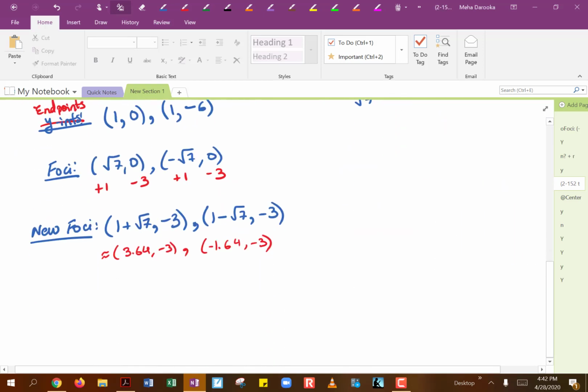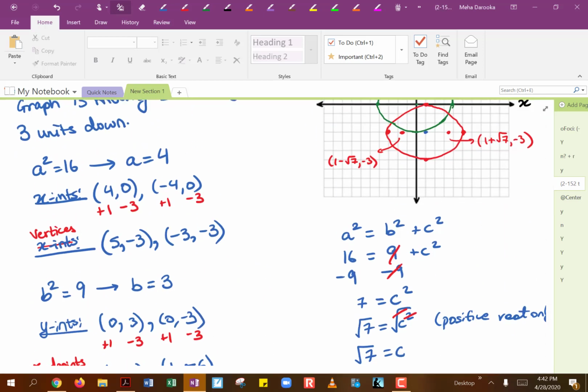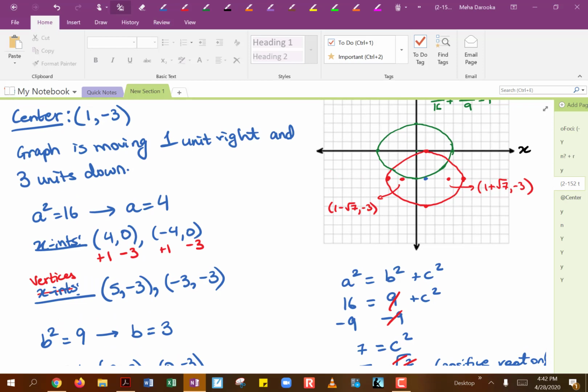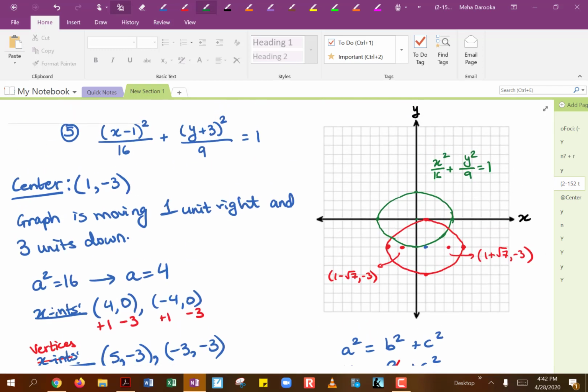And of course, your original foci would then have been at square root of 7, which is approximately 2.64, so that would have been 2.64 here, and negative 2.64 over here.